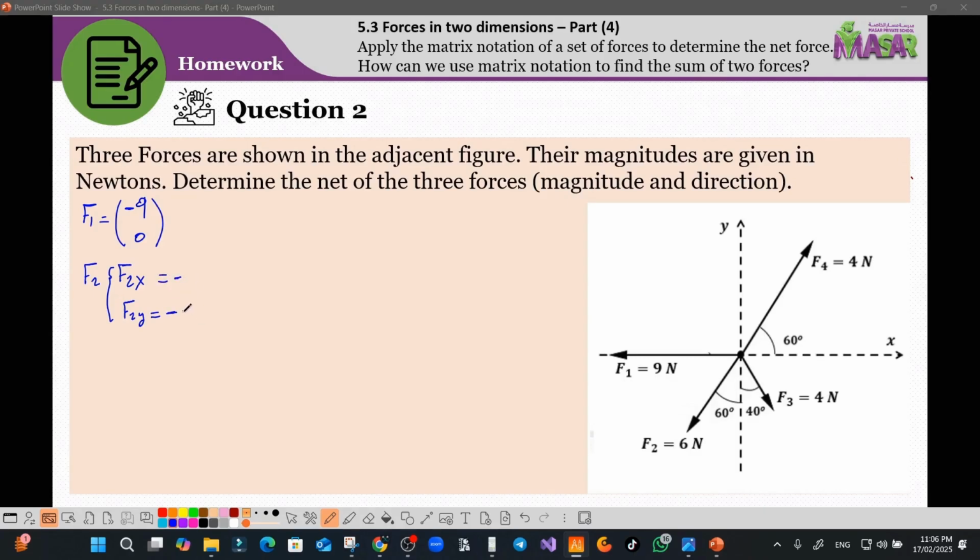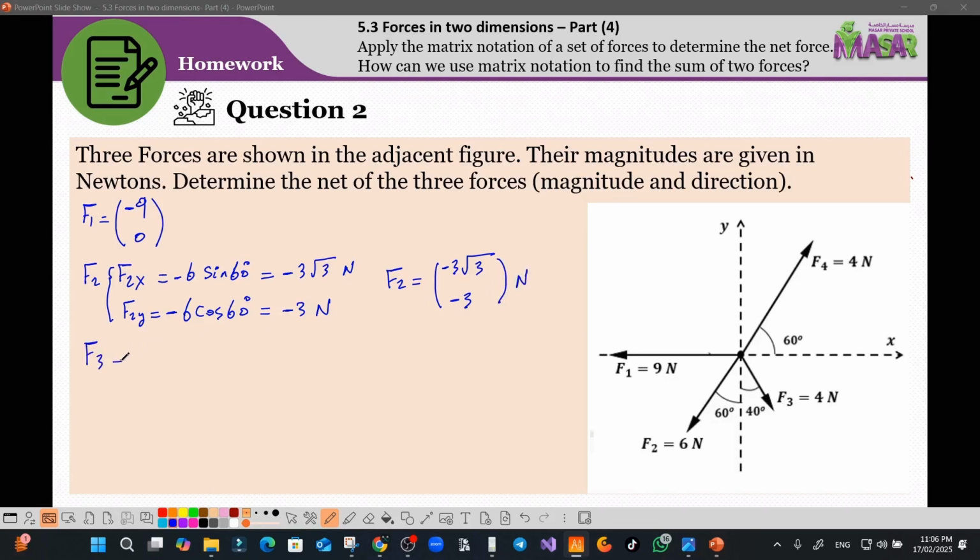So this is minus F2 cosine of the angle, which is 60, and here we have minus F2 sine 60. Now, the answers are minus 3 radical 3 Newton for the first one, and for the second one, it's just minus 3 Newton. Now the matrix notation for F2 is given by minus 3 radical 3 and minus 3 Newton.